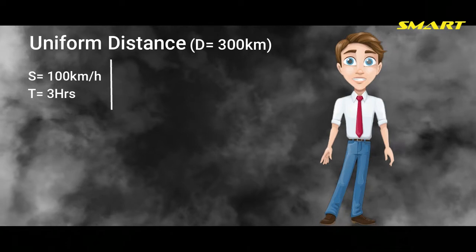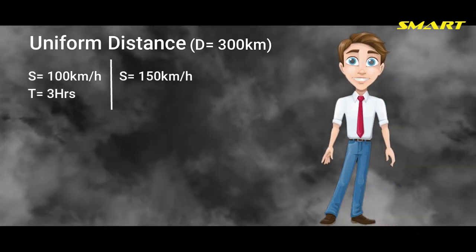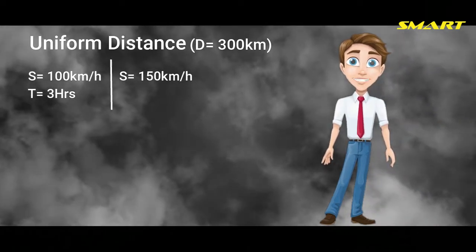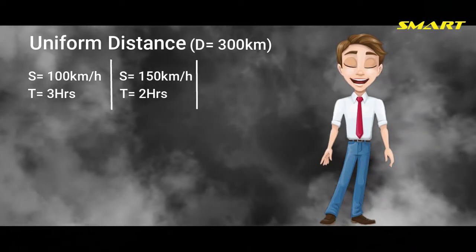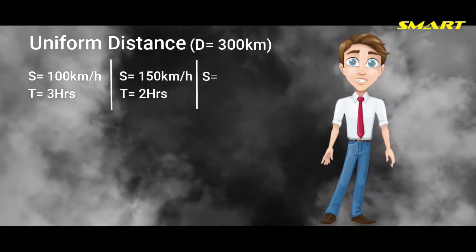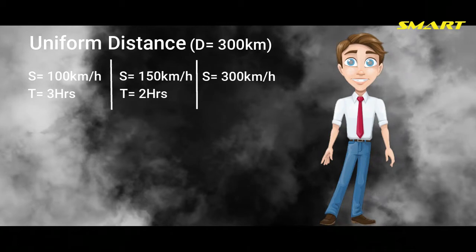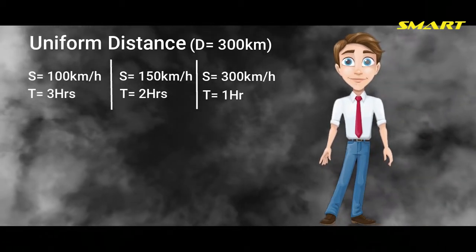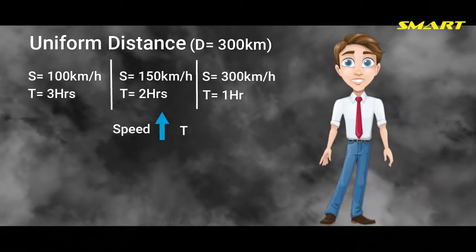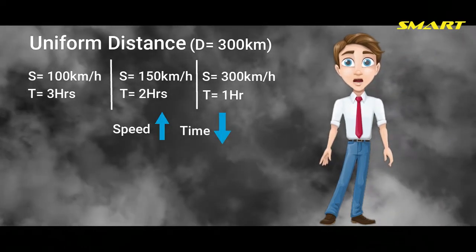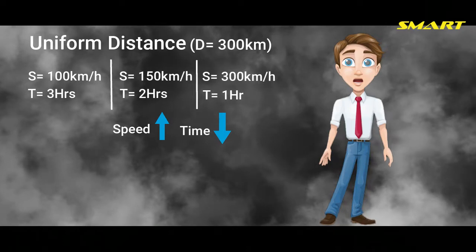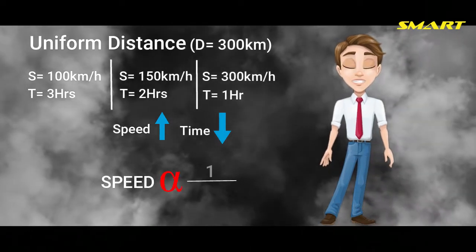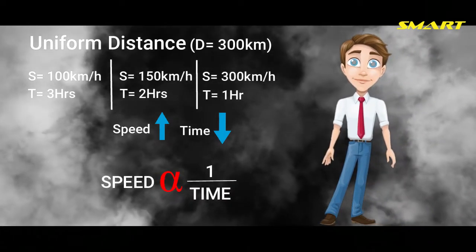Now I am increasing the speed to 150 km per hour, so time will become 2 hours. Again increasing the speed to 300 km per hour, time will become 1 hour. From this we can see that when speed increases, time decreases. So we can say for uniform distance, speed is inversely proportional to time.